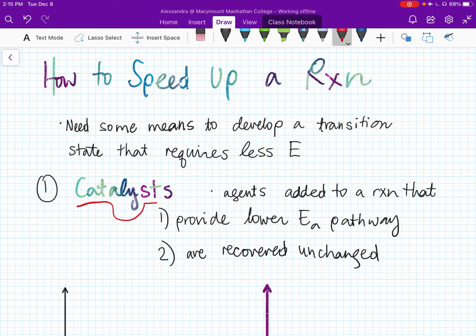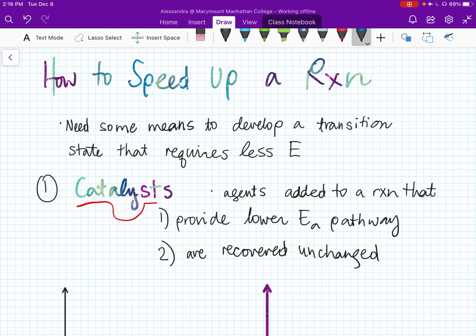They facilitate the reaction by decreasing the energy of the transition state, but they do not participate in the reaction. They don't have their own bonds broken and formed on the way to becoming products in the same way that reactants do.